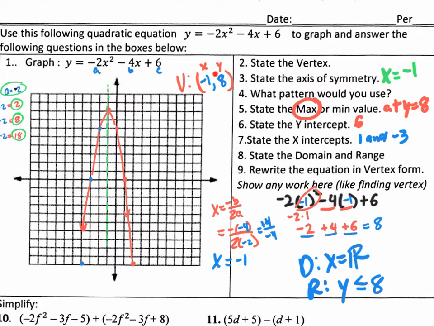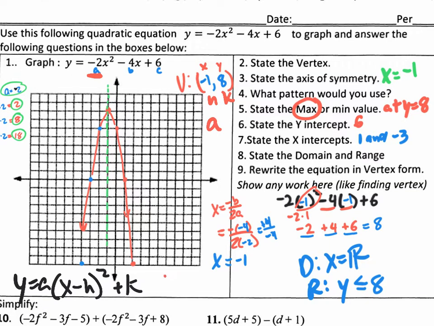Rewrite the equation in vertex form. Well, if you know your vertex, that's technically an h and k value. That's your h and that's your k. And all you need is an a, right? Remember, all you need to write an equation in vertex form is the a, the h, and the k. Now, we already know the a. The a is -2, so let's start writing it out. First of all, what is vertex form? It's y equals a, parentheses x minus h, squared, plus k.